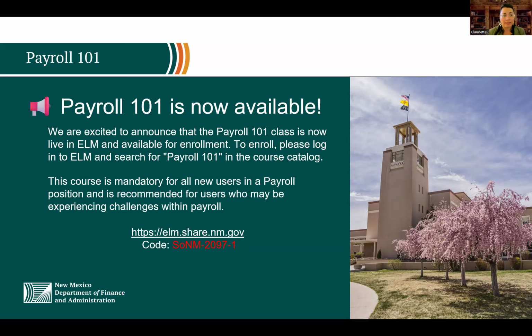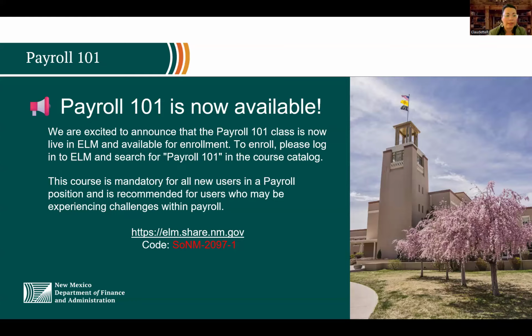And then our next slide, we're so excited to announce that we have created a Payroll 101 training. This is going to be a good resource tool located in ELM. It is a training that will be required for all new payroll positions, or recommended for any payroll staff or HR staff needing help with Payroll 101. It's got a lot of good information.